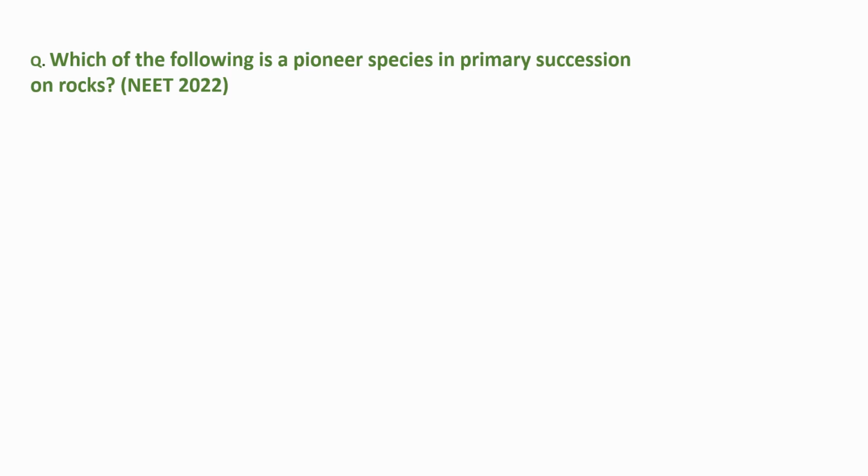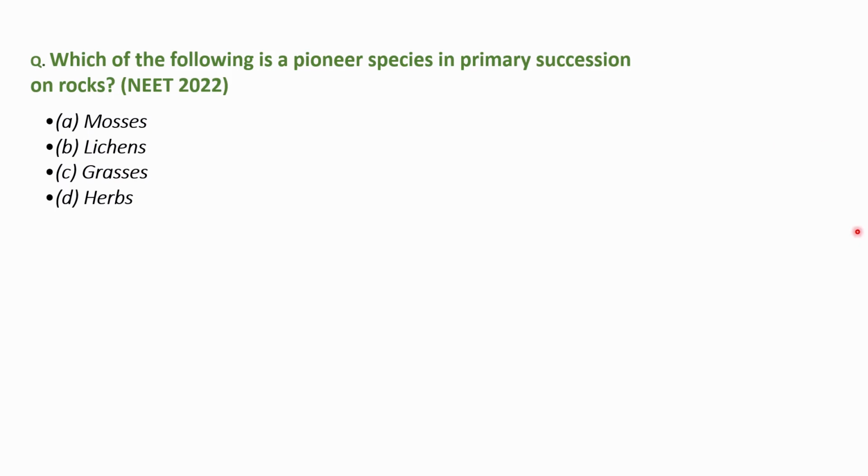In primary succession there is no pre-existing soil. Here they have given the options. You have to say which one of these species is following the primary succession of rocks.